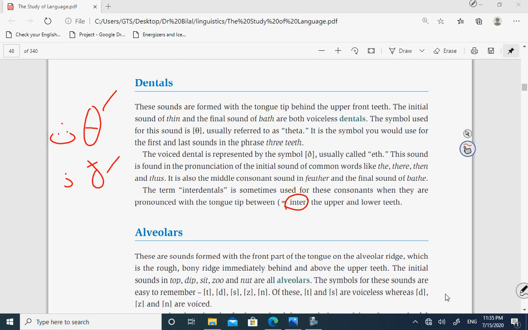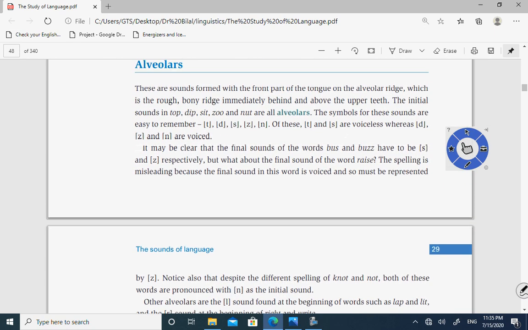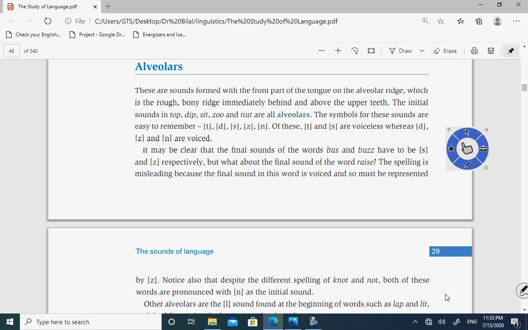Now, let us go ahead. The alveolar sounds are very, very important, and most of the sounds in English are alveolars.